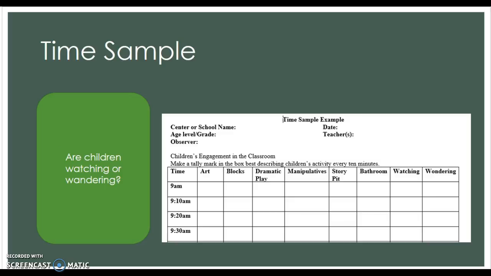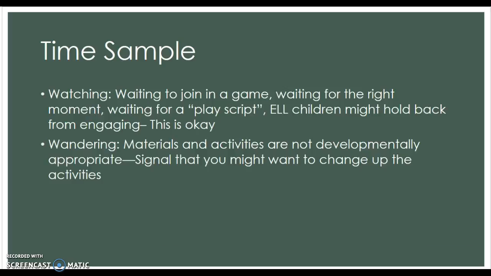Now you can also use this form to find out if there are children who are watching or wandering. And so I've given you some not definitions, but some interpretations of what to do when children are watching. So if they are hovering and not necessarily joining in games, but instead watching to see what the other children are doing, that can mean any number of things.